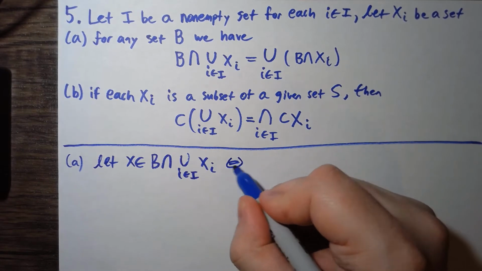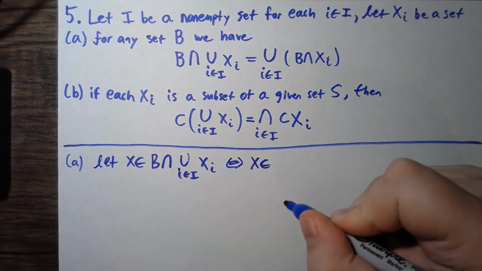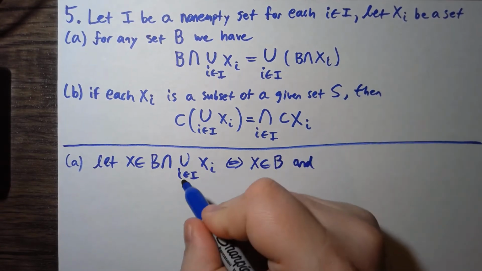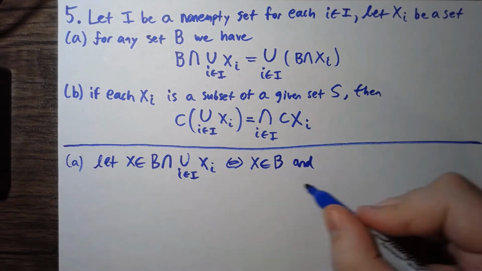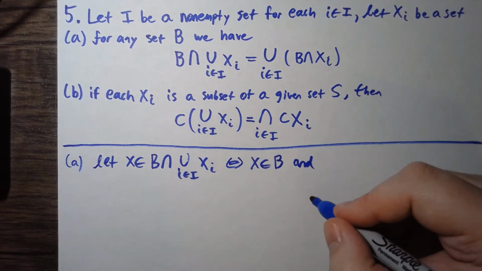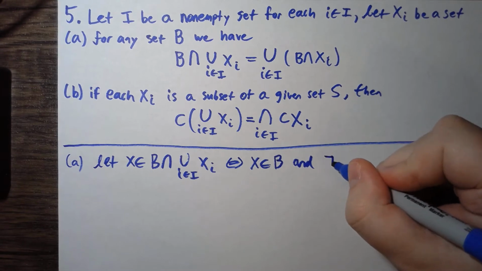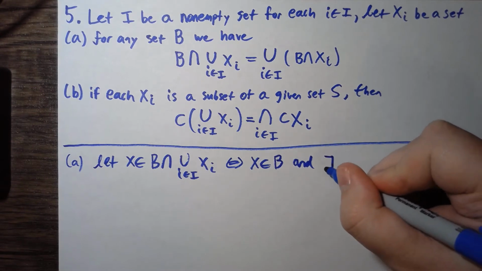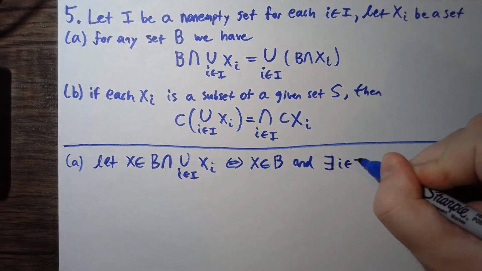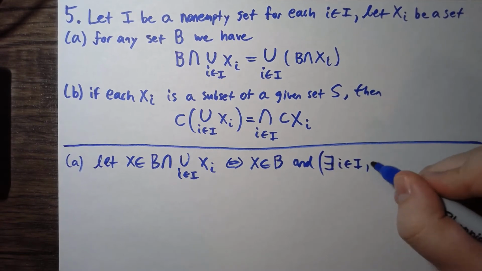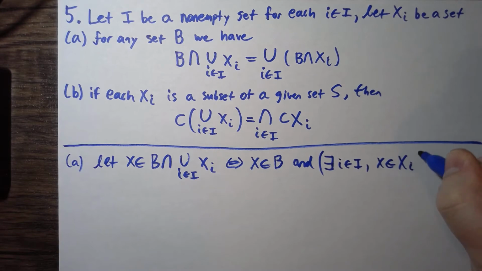This is true if and only if x is an element of B and x is in the union of these x sub i's. This just means that there exists some i in I such that x is in x sub i.